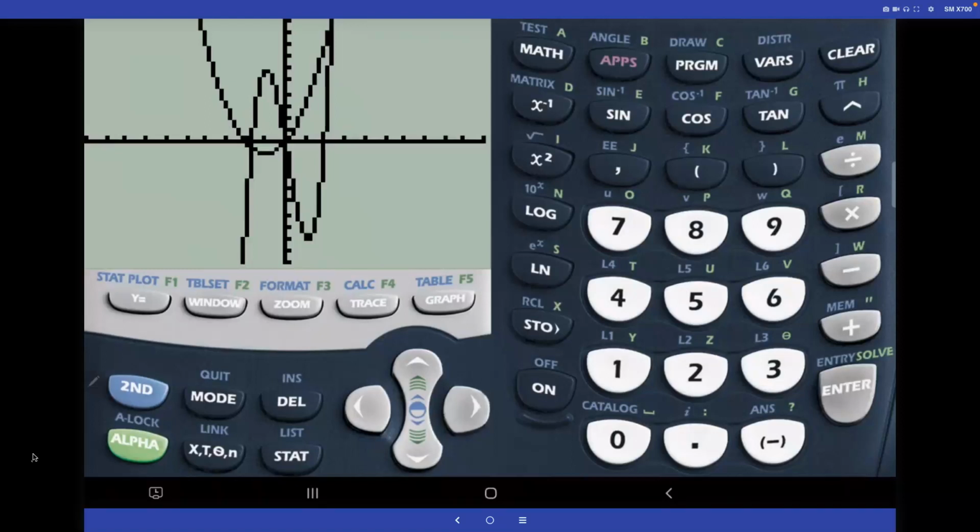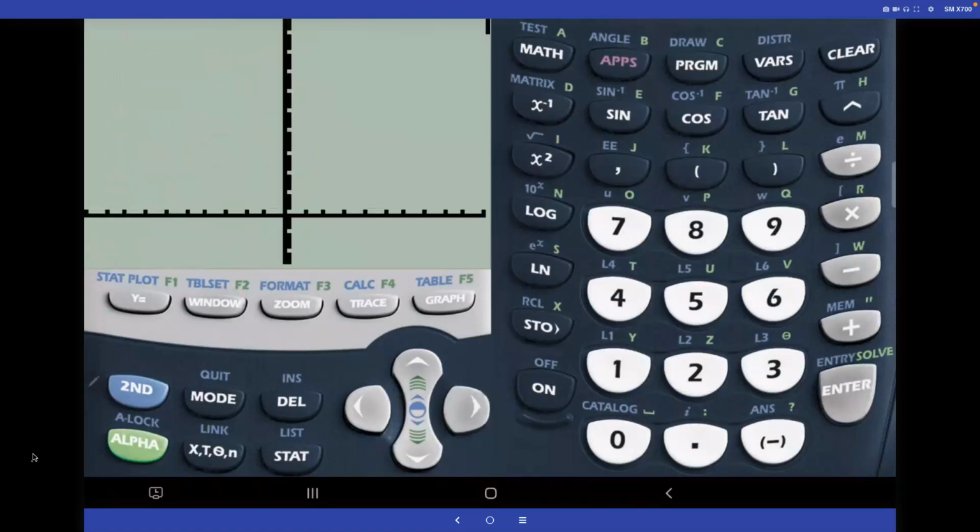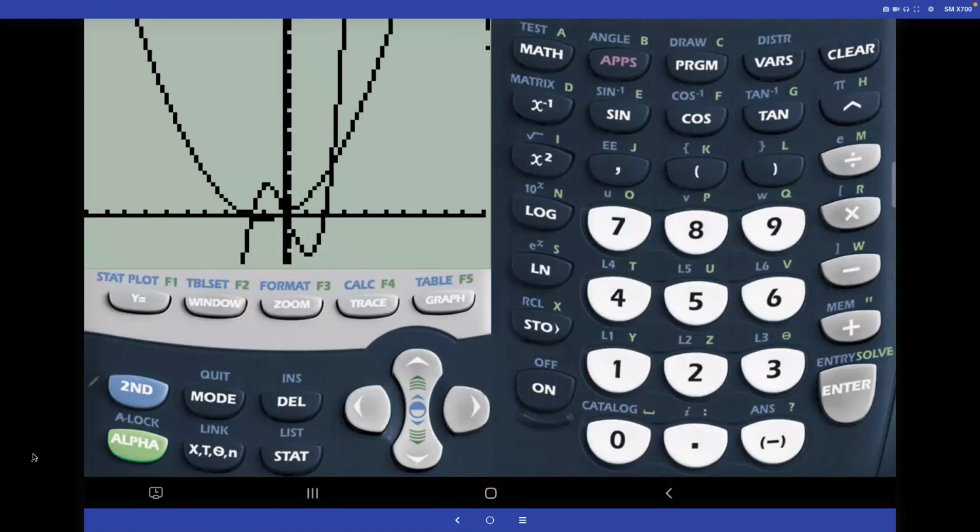I'm going to change my window and change my y max to, I don't know, let's go to 40. Let's see what that looks like. There we go. I can definitely see the point of intersection now.